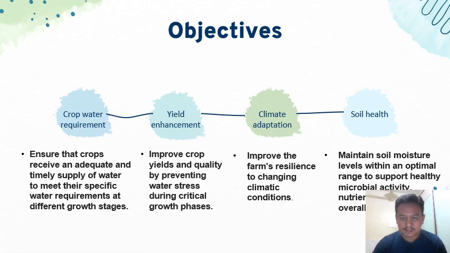Third, climate adaptation, improve the farm's resilience to changing climate conditions. And fourth, soil health, maintain soil moisture level within an optimal range to support healthy microbial activity, nutrient availability, and overall soil health.